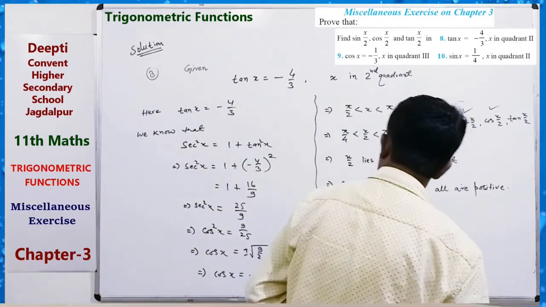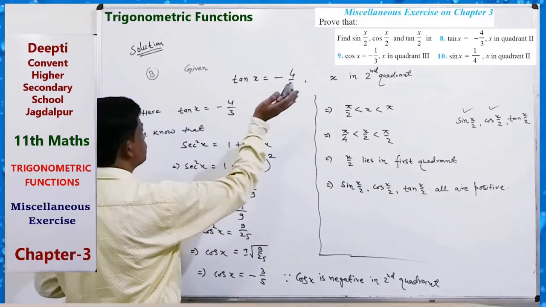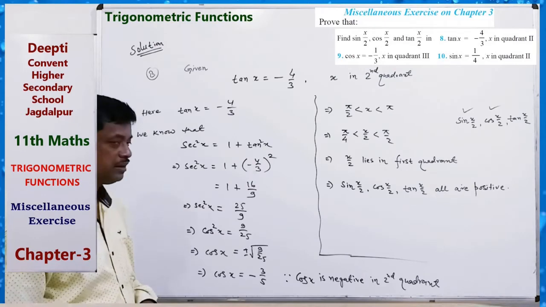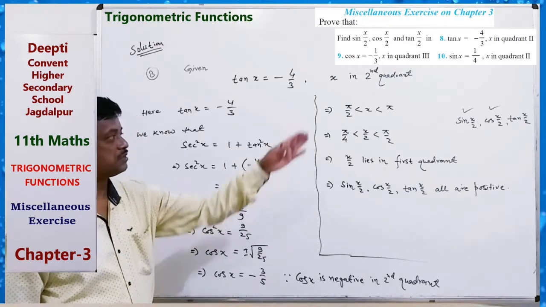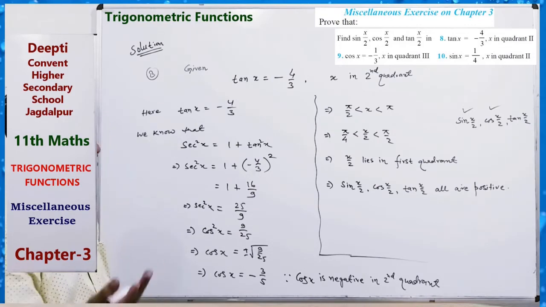Now we can find the value of sin x by 2 from cos x. Clear? How? By using the cos 2 theta formula.